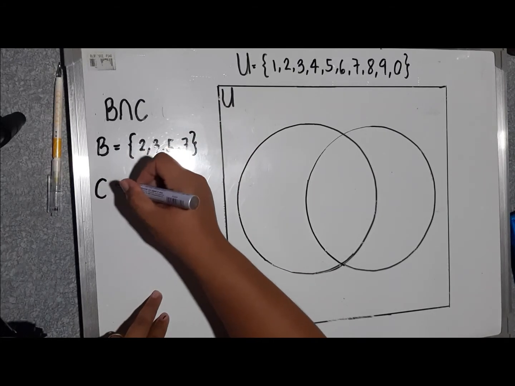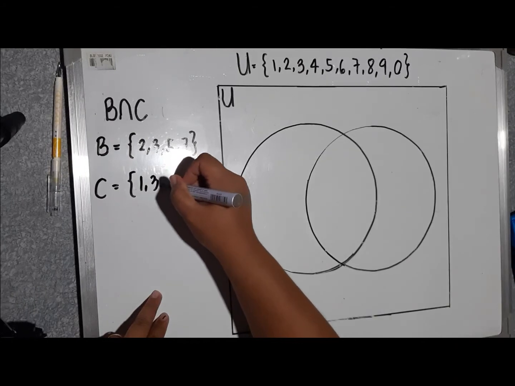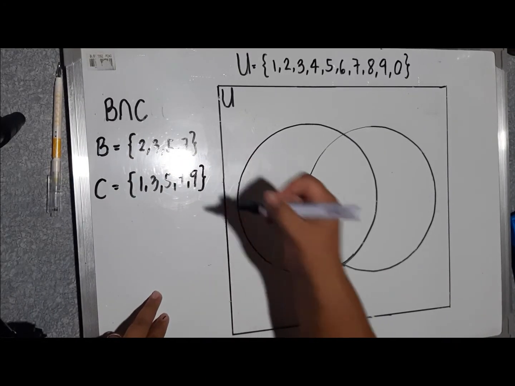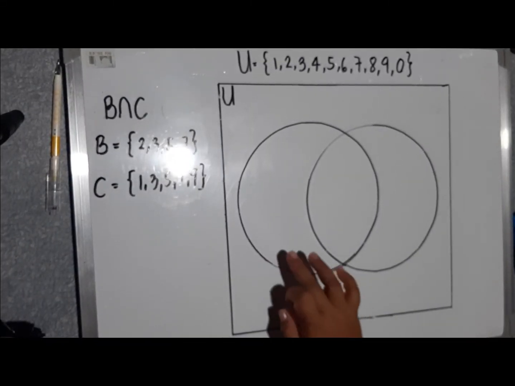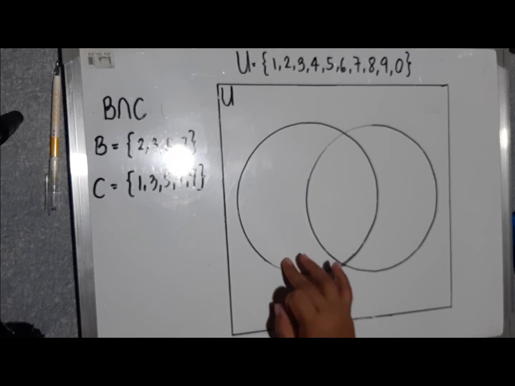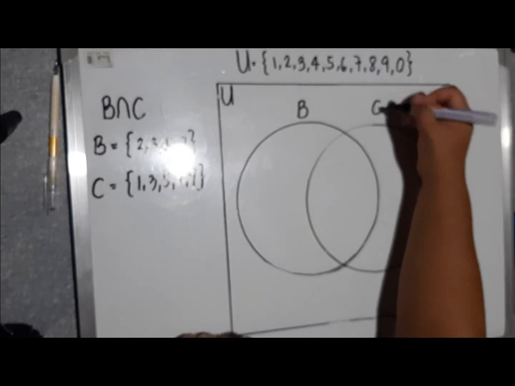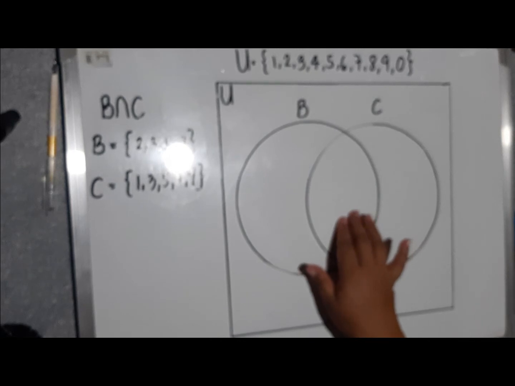And our C has 1, 3, 5, 7, and 9. So, we have B intersection C. We only have two sets being operated, so we have two circles, B and C. Now, again, with the overlapping portion, what are the common elements between B and C?